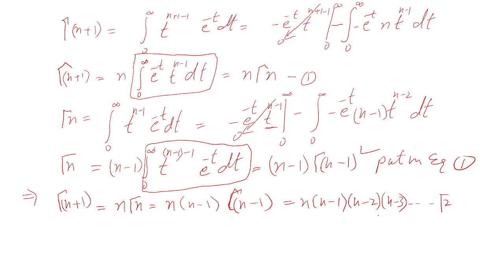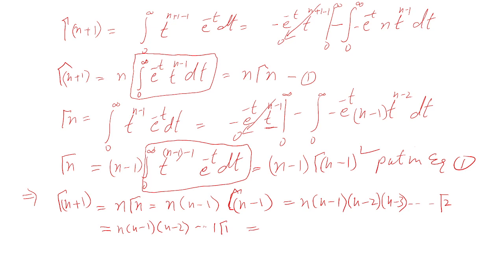Gamma 2 must be equal to 1 into gamma 1, but gamma 1 is 1.